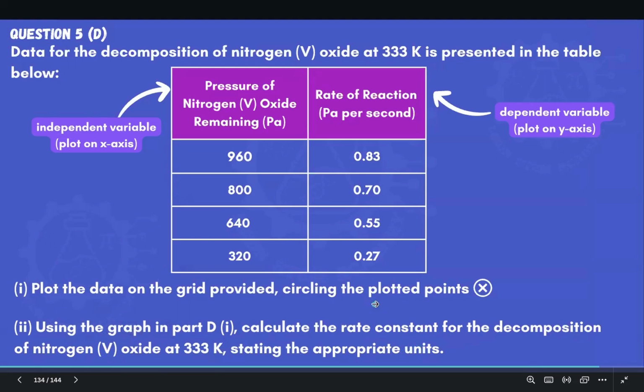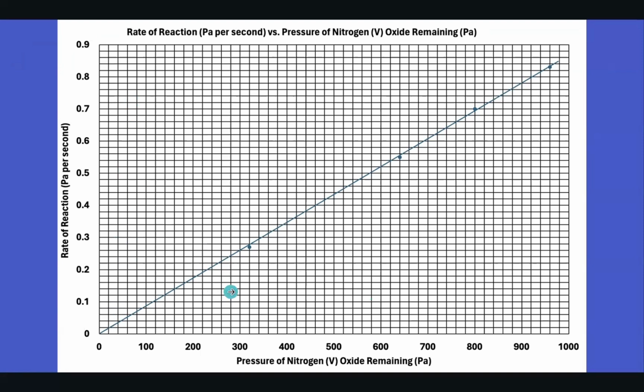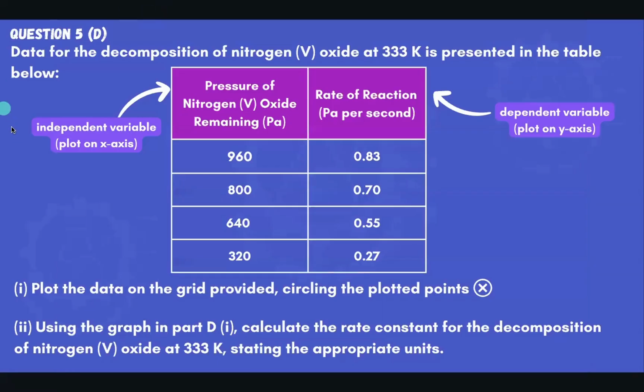So when I look at my graph, what I'm realizing is we have to figure out what feature of my graph will give me the rate constant. And so what we then have to do is say, okay, we need to know that as it relates to the rate constant, right? So let's write that.